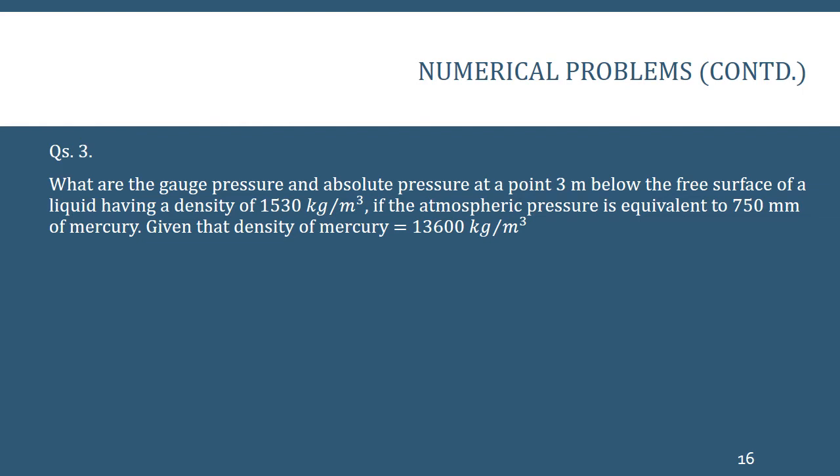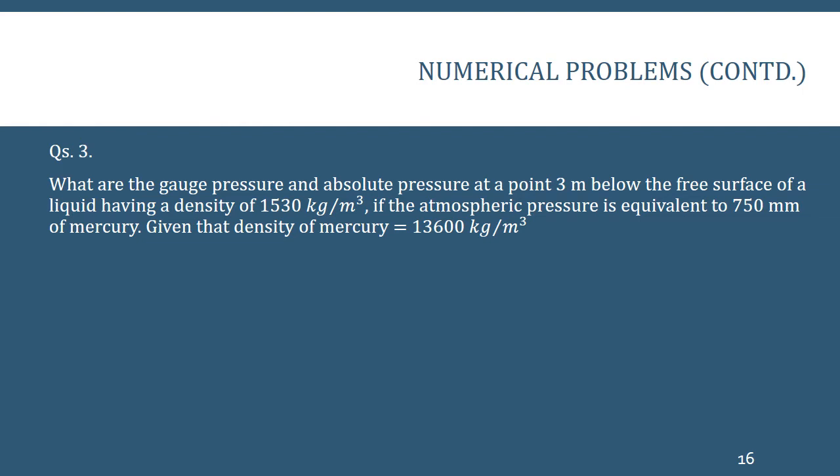So here the atmospheric pressure, like we had described earlier, instead of giving a Newton per meter squared measure, they have given it to be equivalent to a fluid. So you know how to find out pressure when it is given to be equivalent to a fluid. Just do rho g h, where rho is whatever the density of that particular liquid is.